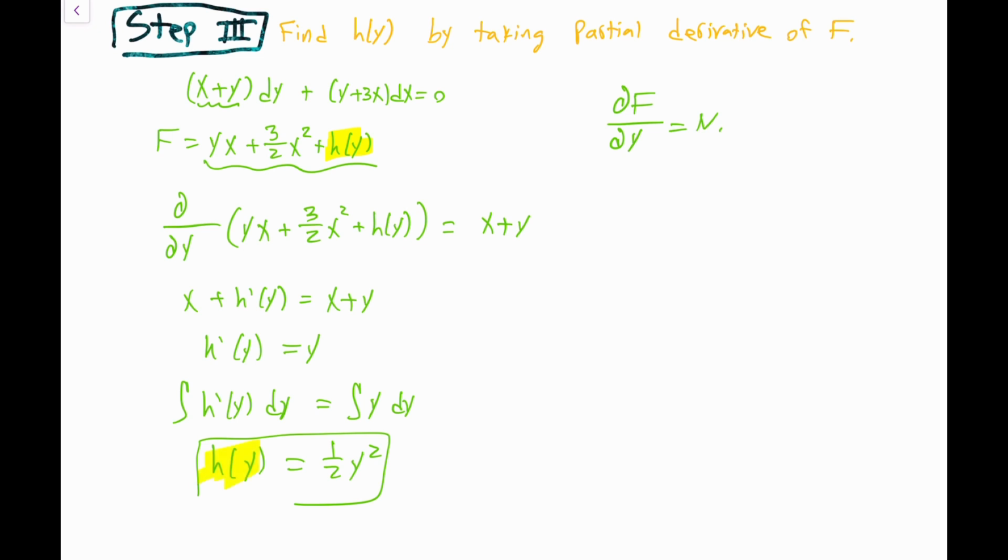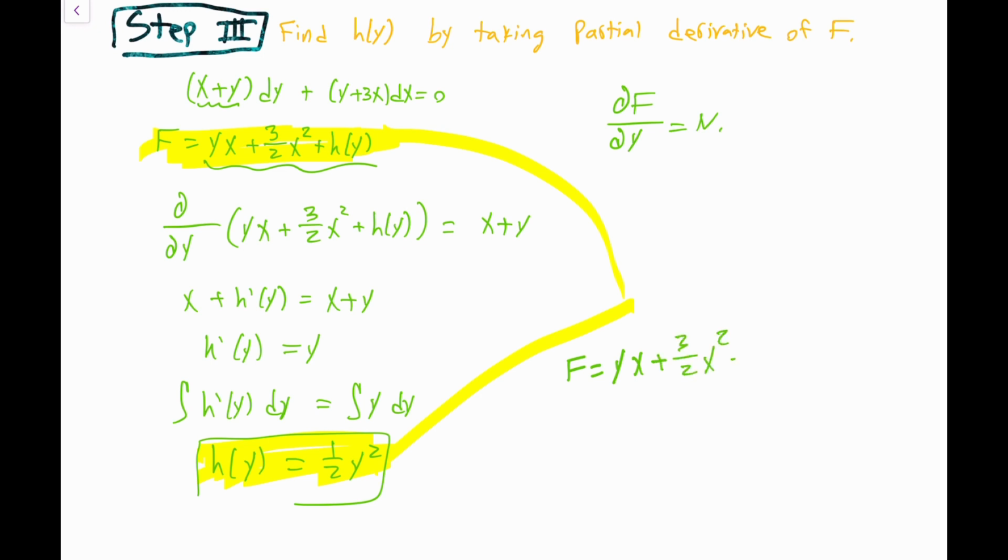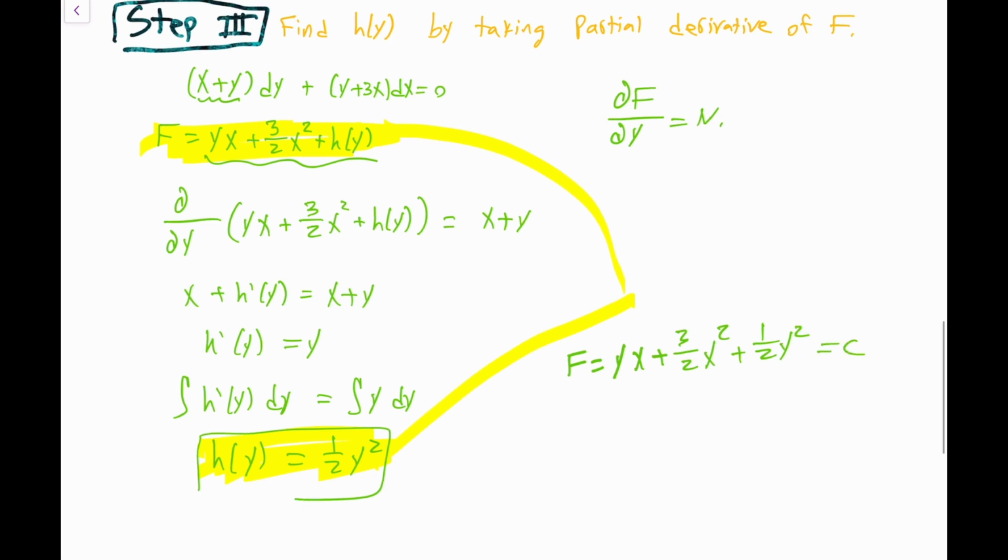Put this stuff together. So we have f is equal to yx plus 3 over 2 x squared plus 1/2 y squared, which happens to equal c. So this is our solution.